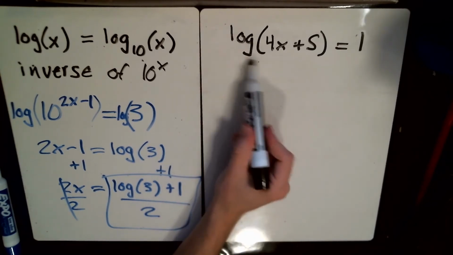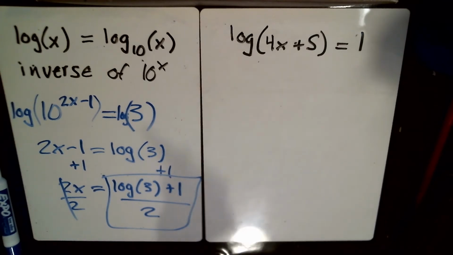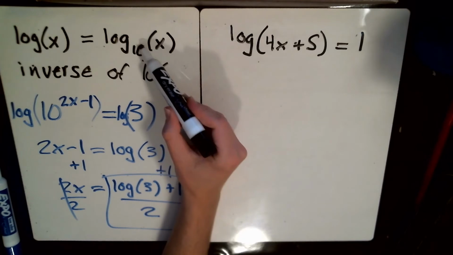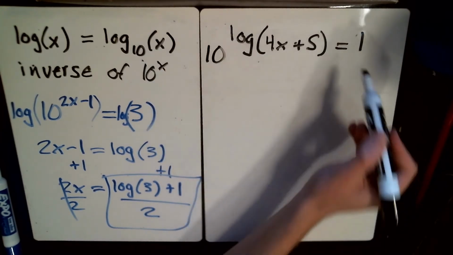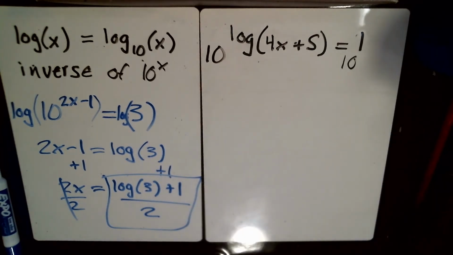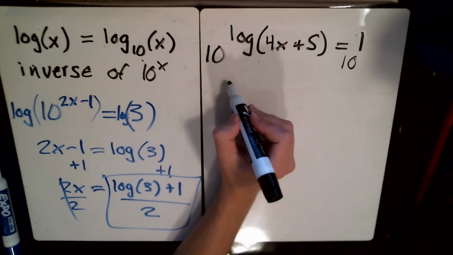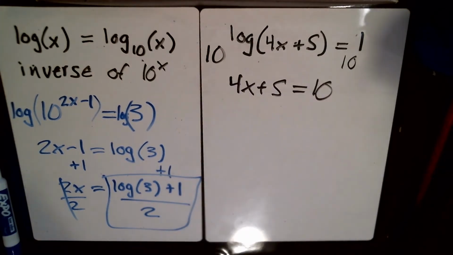Well, how do you get rid of this log? You get rid of the log by raising it as an exponent. And what do you raise it to? It's the base, which is 10. So we raise both sides as an exponent of 10. Now these cancel out, and we get 4x plus 5 is equal to 10.